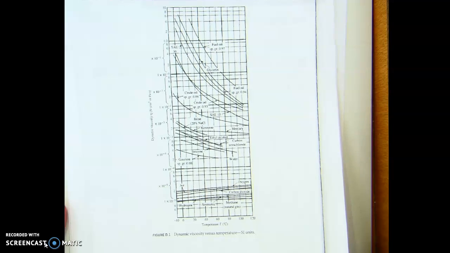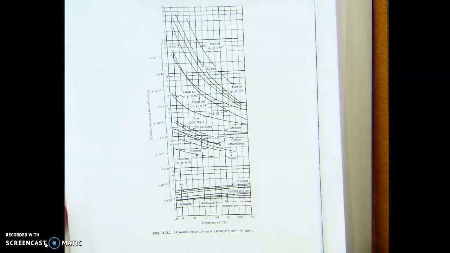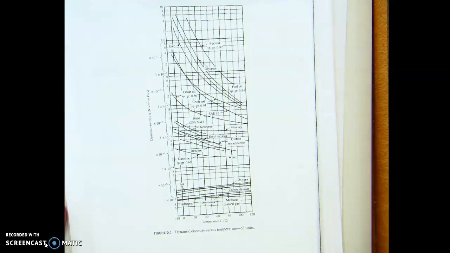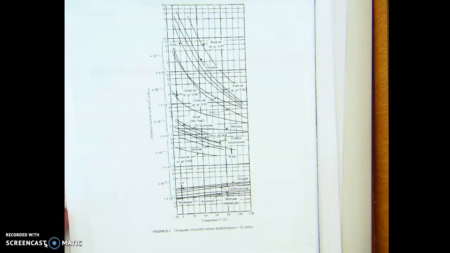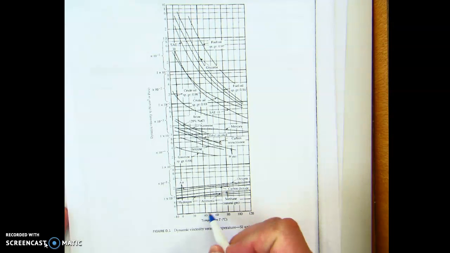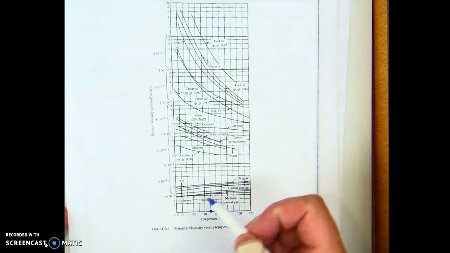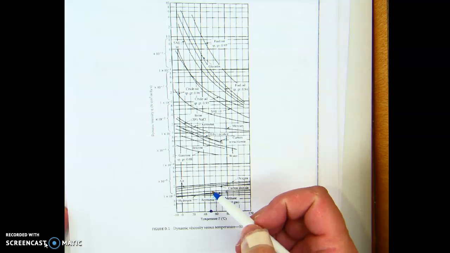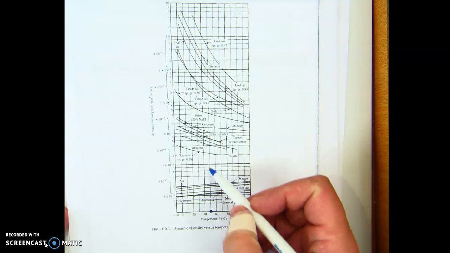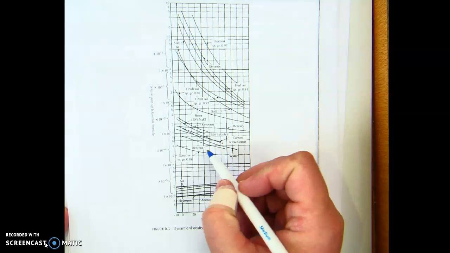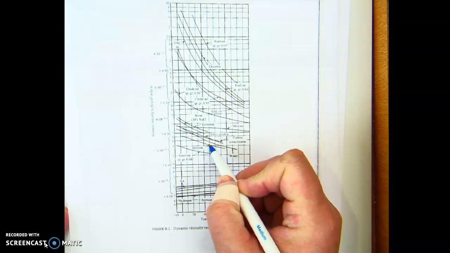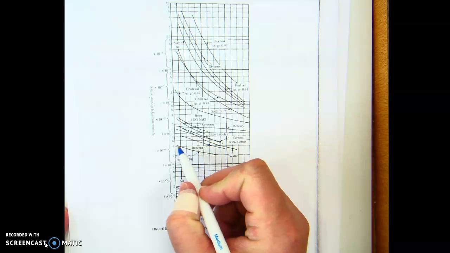Okay, so we have benzene at 50 degrees Celsius. So we'll go right here. There's our 50 degrees Celsius on the bottom, and we've got to read up to benzene, and the benzene line is right here, so it's just a little bit above that line right there.